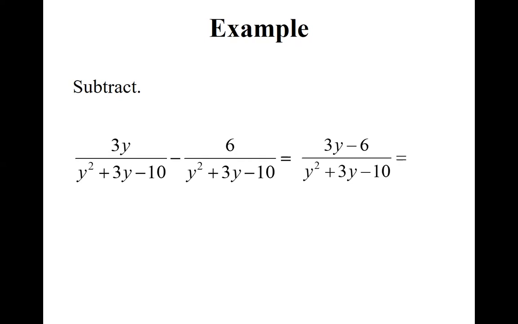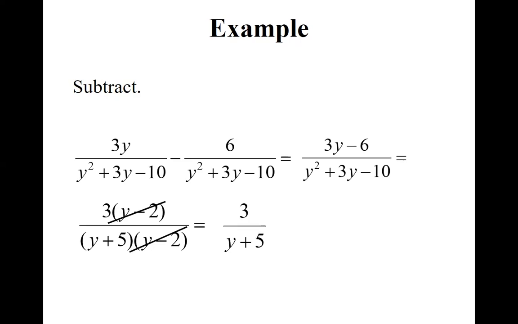On top, we can factor out a 3. On the bottom, we need numbers that multiply to negative 10 and add to positive 3. That's positive 5 and negative 2. Once everything's factored, we see that we can cancel y minus 2's, which leaves us with a final answer of 3 over y plus 5.